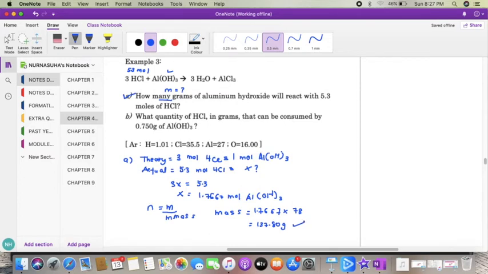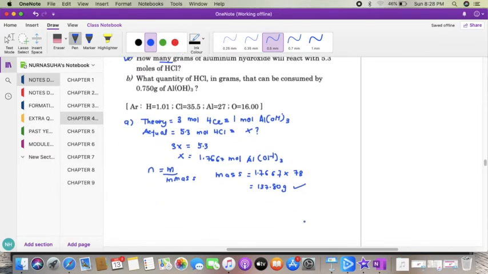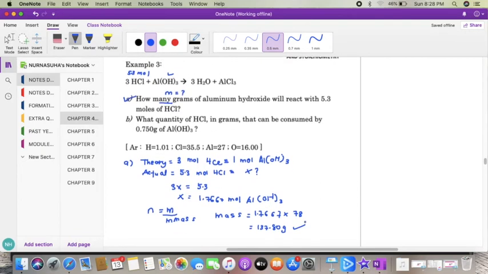Okay, so now let's continue for B. Still the same equation. Okay, let me use a different pen. Still the same equation but different question. So soalan tanya, what is the quantity of HCl in grams?